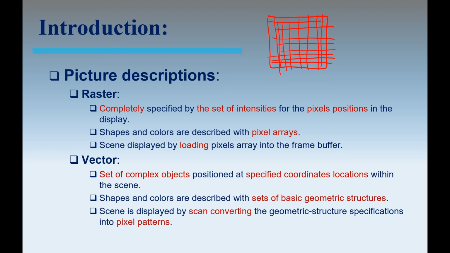If we want to draw a line, we will draw a particular pixel here, a particular pixel here, another pixel here, and so on. So it will not be smooth, and it will have staircase-like structures. Okay, when it comes to vector, we will have smooth surfaces like this.